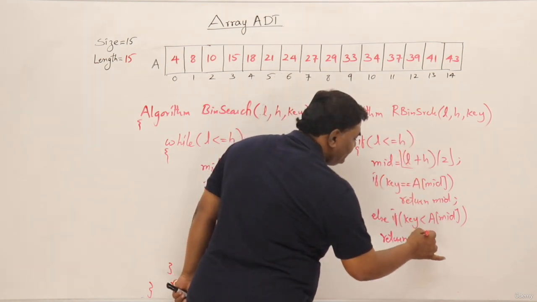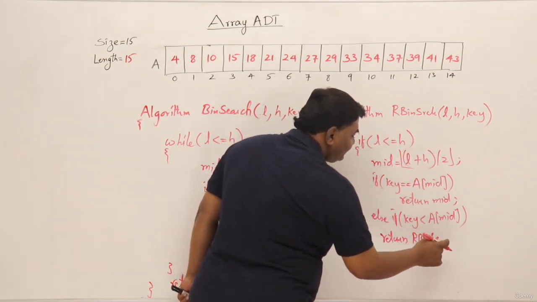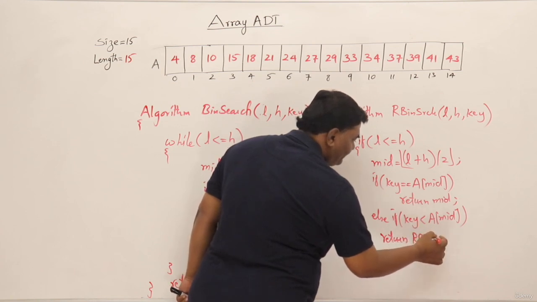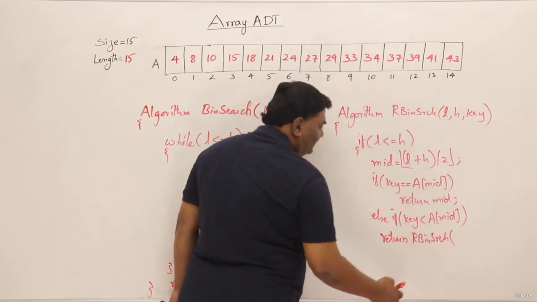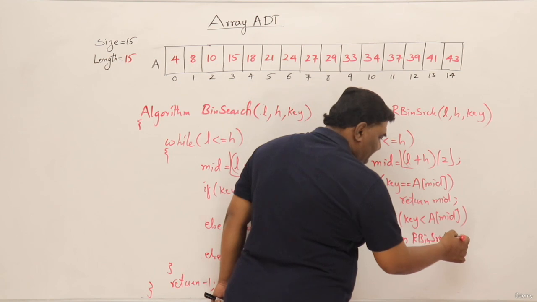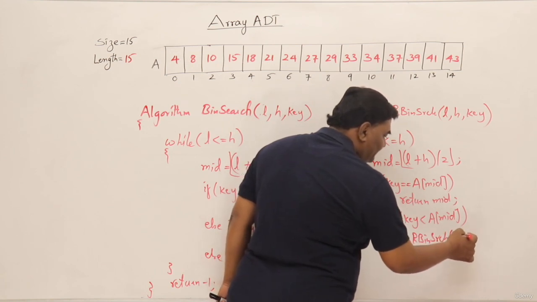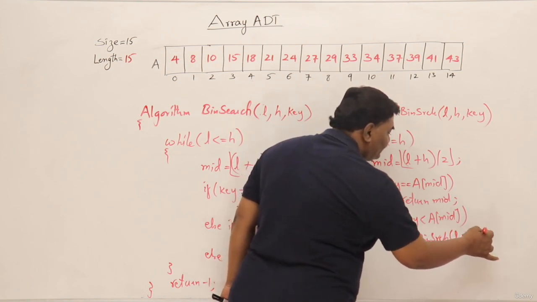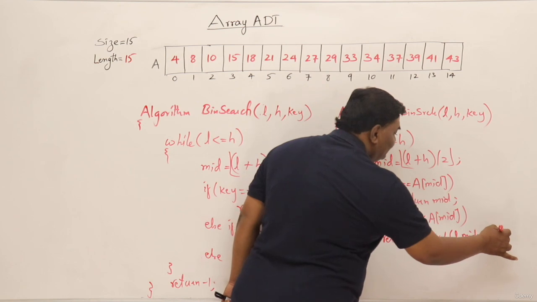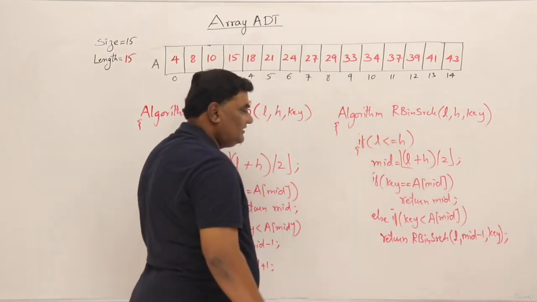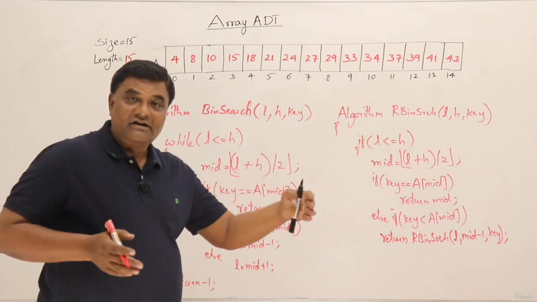So this is a recursive call. What does it have to pass? Low as it is, but in place of high it should be mid minus 1, and key as it is. So this is a recursive call with a modified or reduced list.